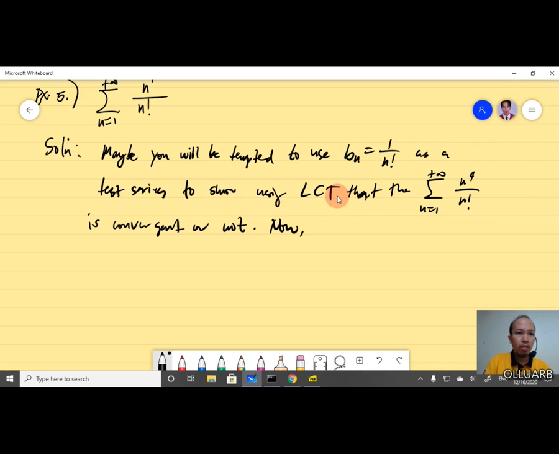Okay, so if we take the limit of a sub n over b sub n as n approaches positive infinity, we have n to the 4 over n factorial over 1 over n factorial as n approaches positive infinity.